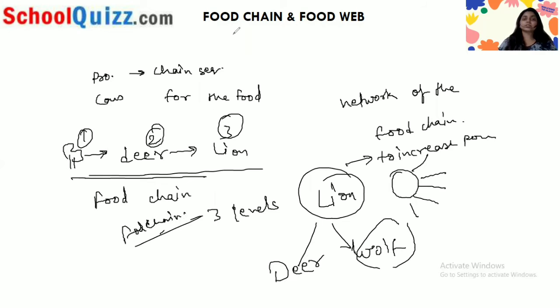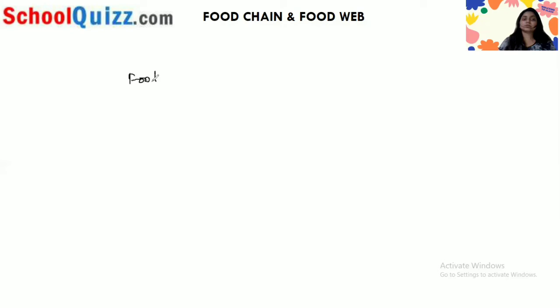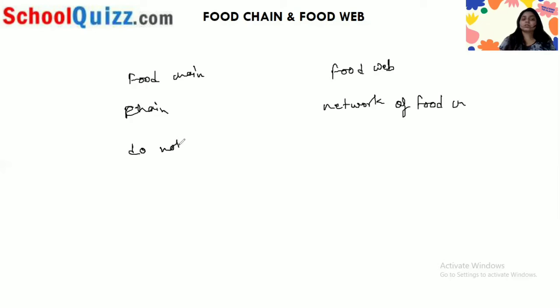So what is the difference between the food chain and the food web? The food web is a network of food chains, and the food chain is a particular series or chain. The food chain does not help in increasing population, and the food web does.